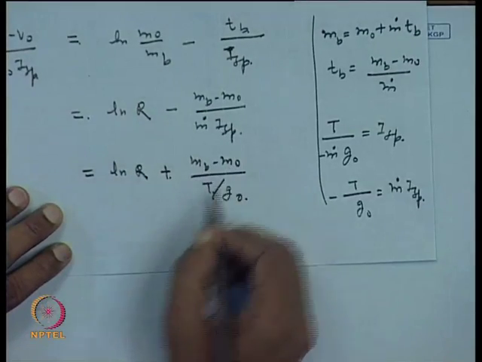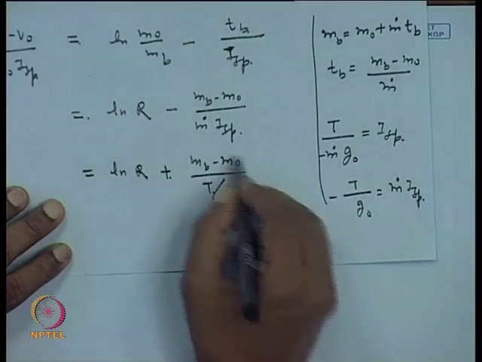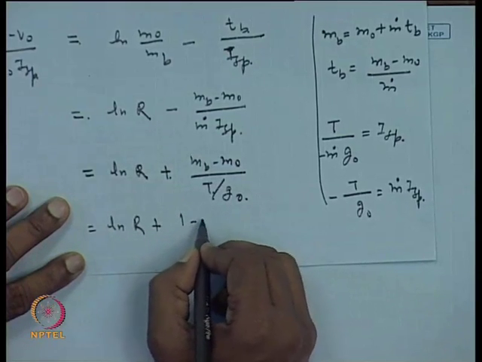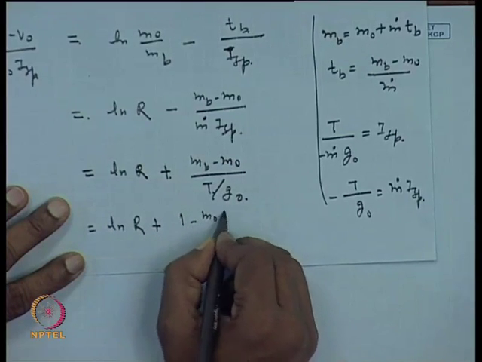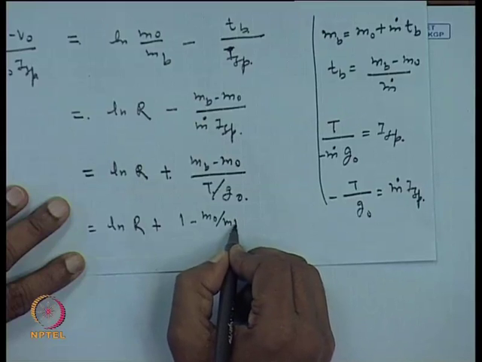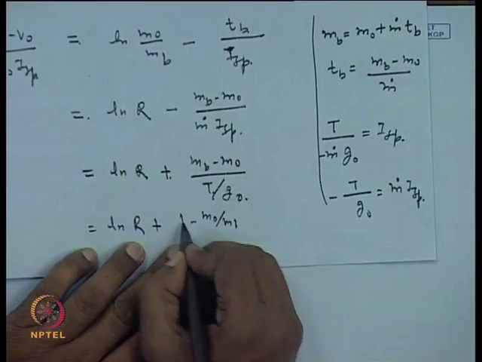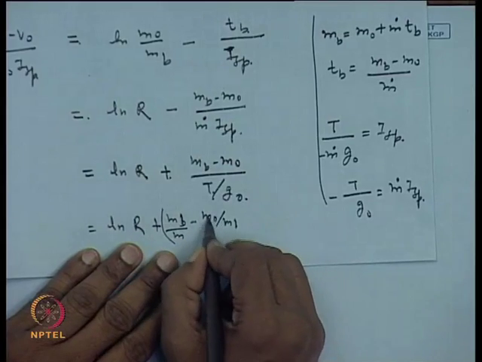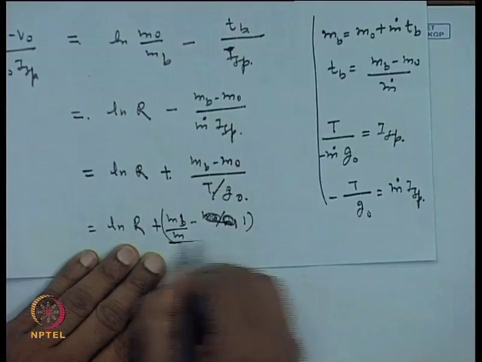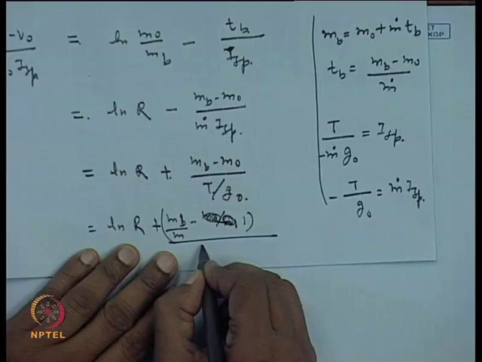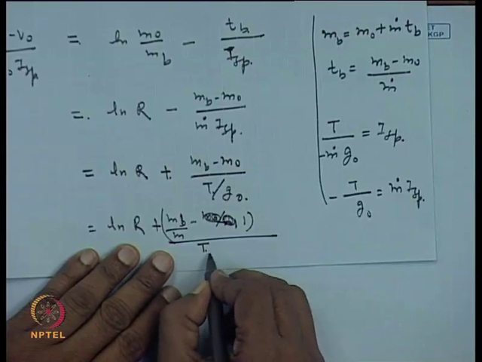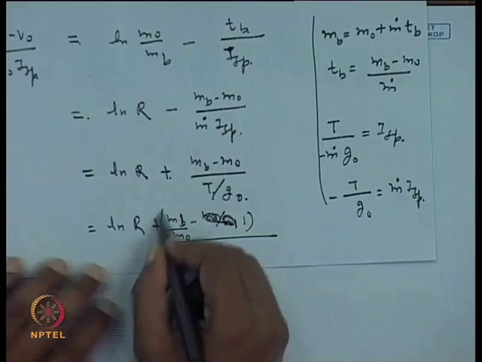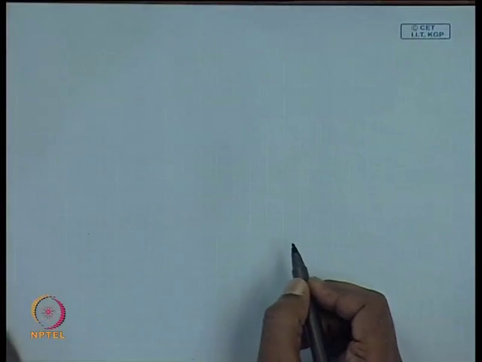Now, divide the numerator and denominator by m0 in this term. So, this is m0 by (mb divided by m0 minus 1) and divided by T divided by m0. Let us write on a separate page.